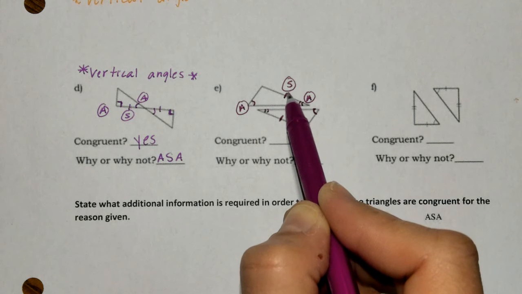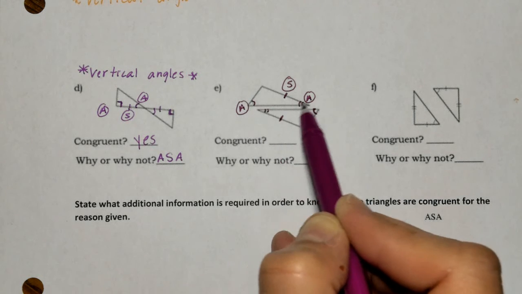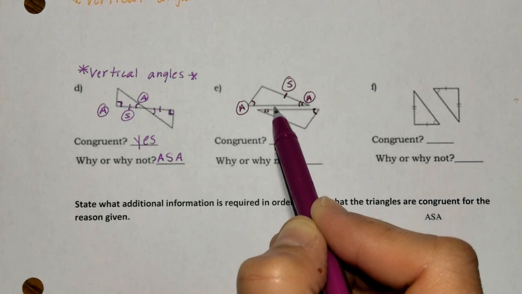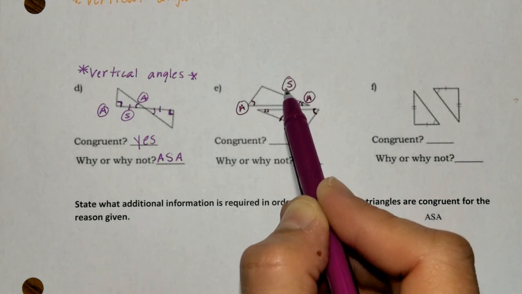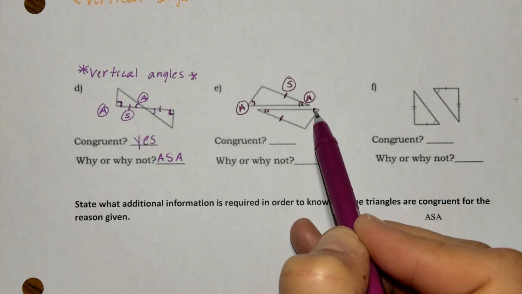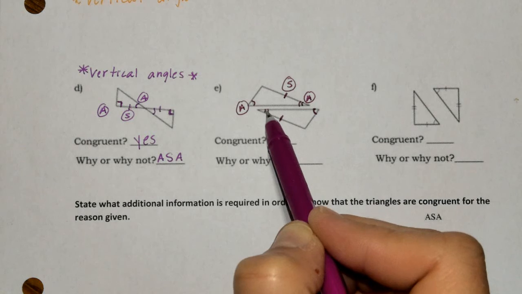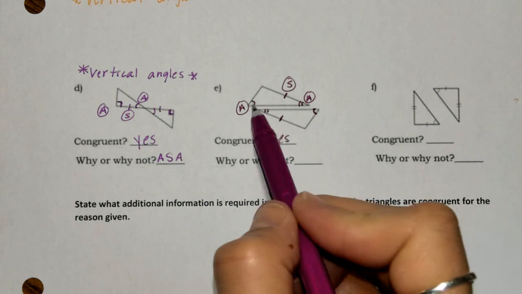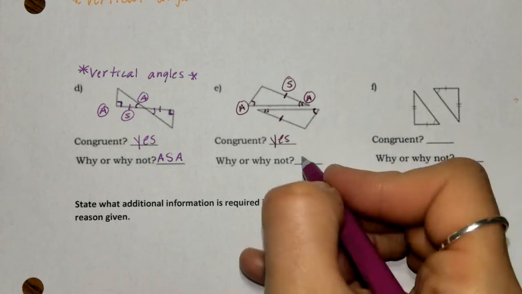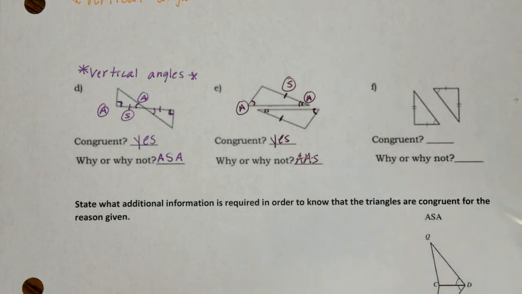No, it's over here. So what that means is the S is not going to be in between the two A's. So we're going to go angle to side. And we check out the bottom one over here, we go angle to side. So we do have congruent triangles of angle, angle, side, AAS.